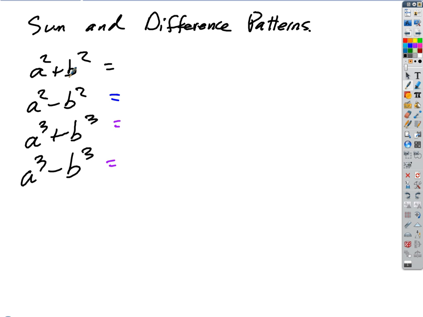So what is our sum of squares pattern? A squared plus b squared factors into, that's the one that doesn't work. Exactly. So it factors into itself. It doesn't factor at all. That's the most we can break it apart, the way it starts. So in other words, this one doesn't factor. Right?